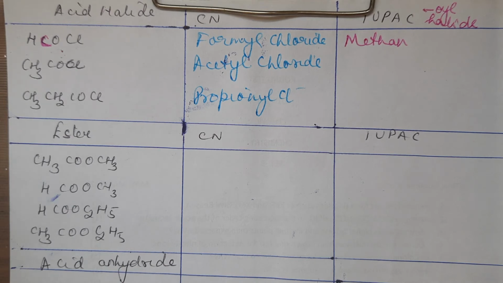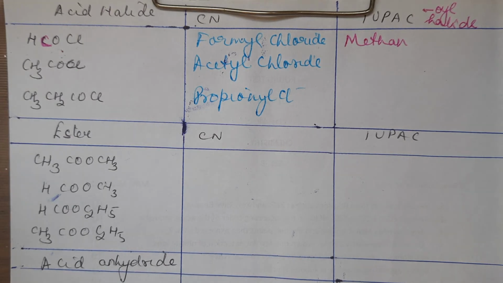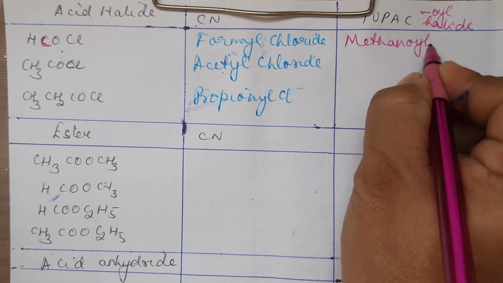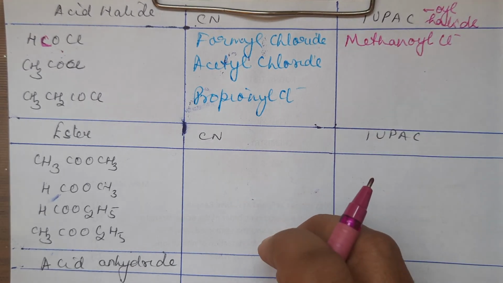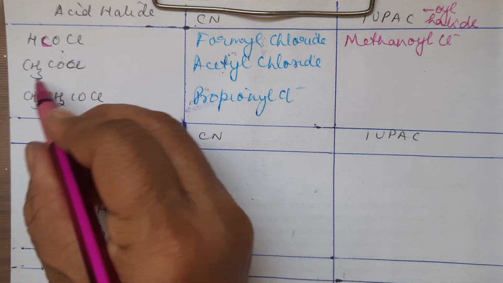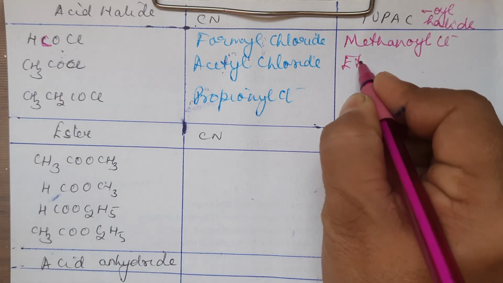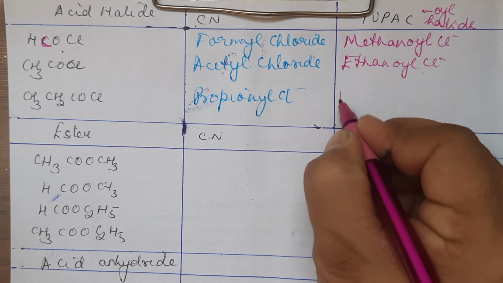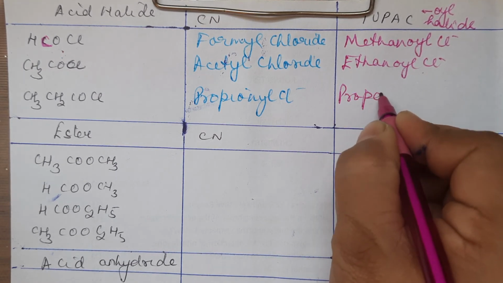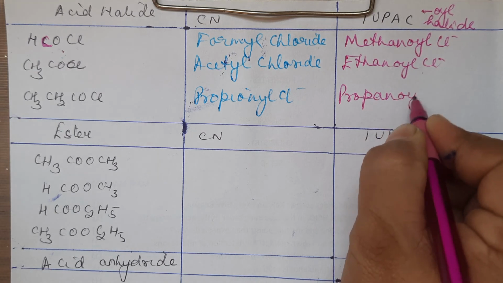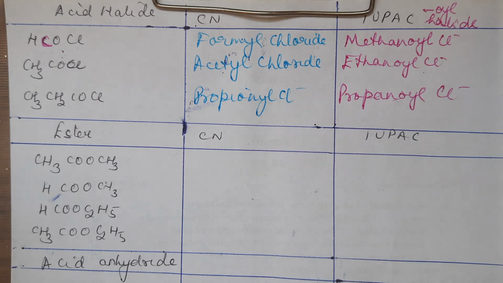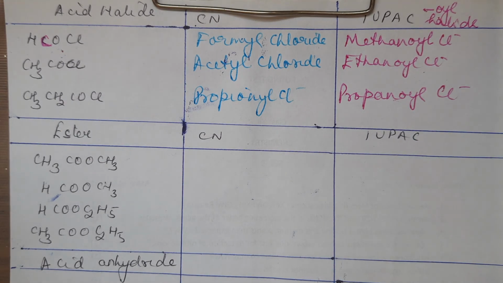That ane is only between carbon atoms, right? So methane, oyl, chloride, methanoyl chloride. So 2 carbon atoms are there, ethanoyl chloride. Likewise, propanoyl chloride. The e I have deleted because it is followed by a vowel. If it is fluoride and so on, you are going to change it.